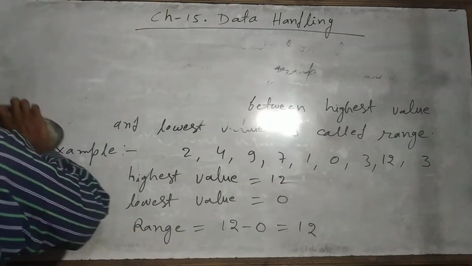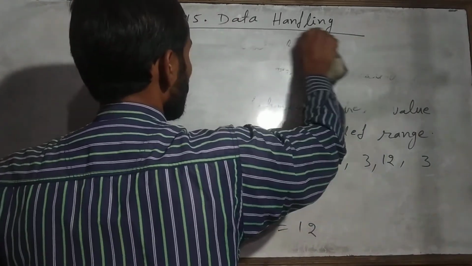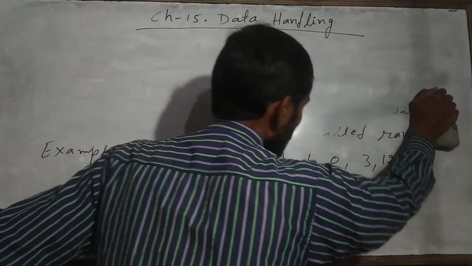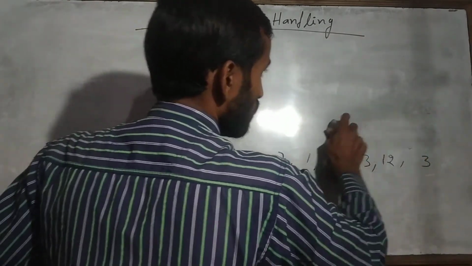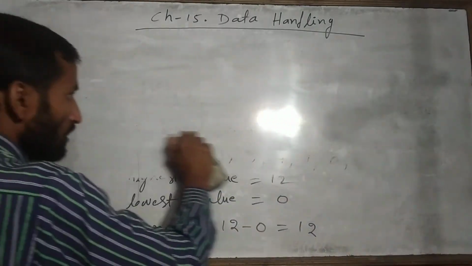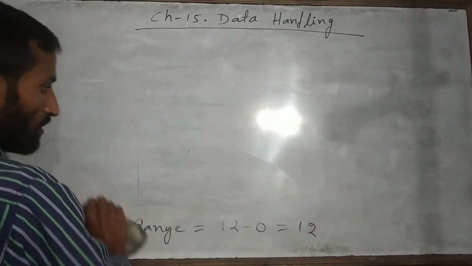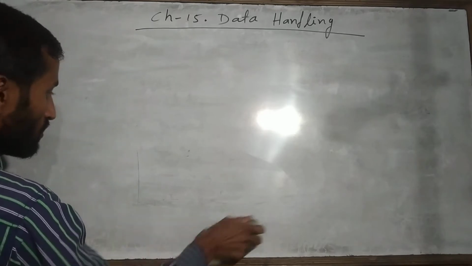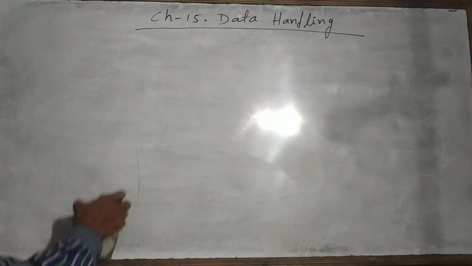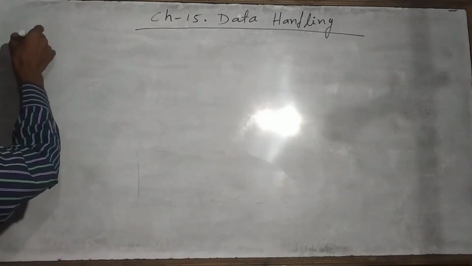It means we represent the data in a graph. Only this exercise, 15D, will come in the half yearly. In 15D we have to draw bar graphs like that, so do the practice. Similar types of questions will come in the exam also.